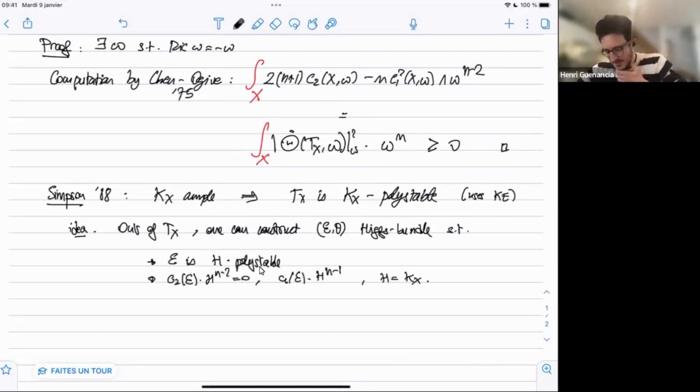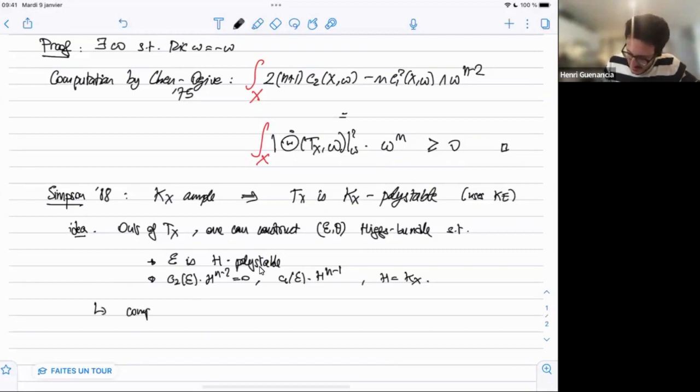And so Simpson's general machinery in that particular case tells you that there is a complex variation of Hodge structures. It means that it is induced by a complex variation of Hodge structures.